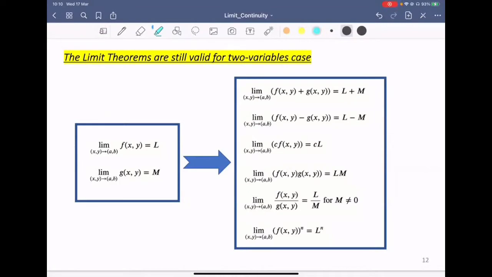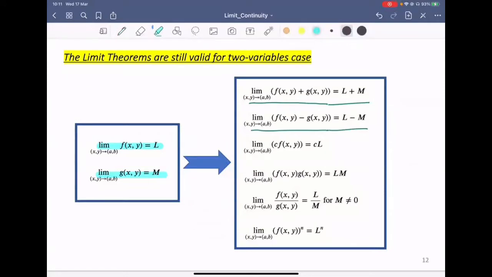So if you have limit of f(x,y) equal to L, limit of g(x,y) equal to M, the limit theorems that you are so familiar with from Cal 1 are still okay for 2 dimensions. So when you do the limit of a summation, it is just the summation of the limits. Also for the difference, limit of f minus g is equal to L minus M as well.